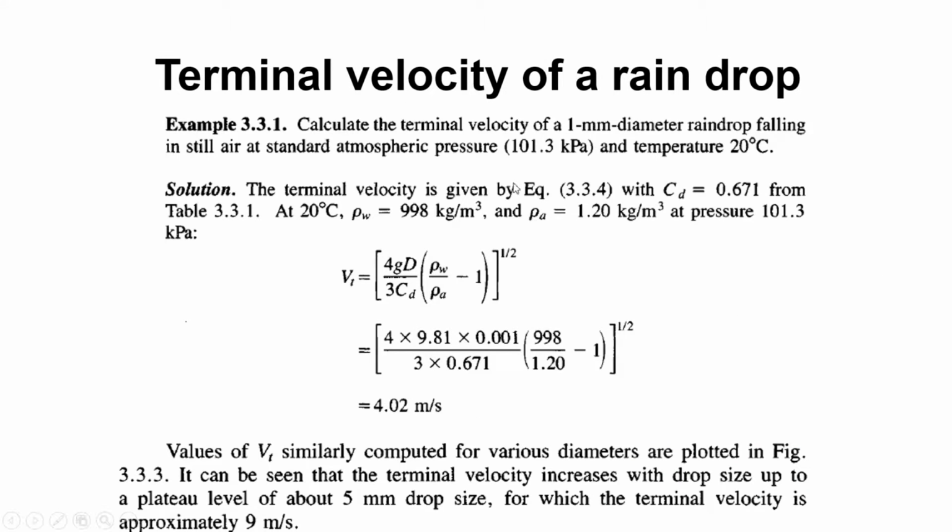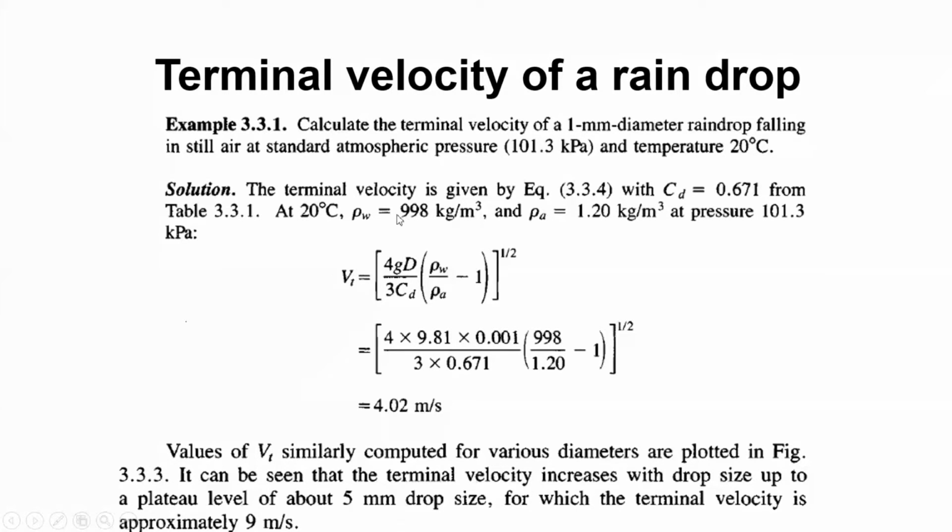Let's do one numerical example. Calculate the terminal velocity of a 1 mm diameter raindrop falling in still air at the standard atmospheric pressure of 101.3 kilopascal, and the ambient temperature is 20 degrees centigrade. At this temperature, rho w is 998 kg per meter cube, and CD is given as 0.671.